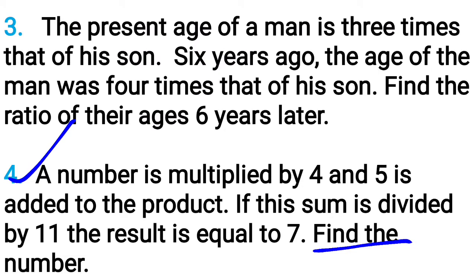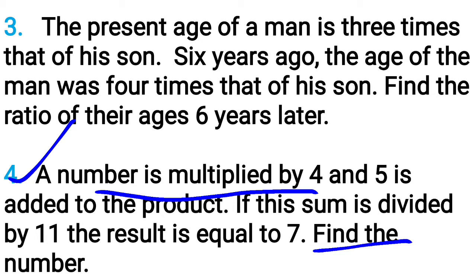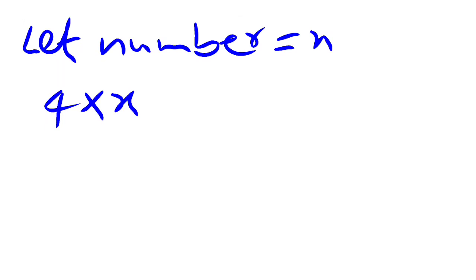First, what he is saying: a number is multiplied by 4, so the number multiplied by 4 means 4 into x. And 5 is added to the product. Where is the product? 4x is the product. To that add 5, so 4x plus 5.